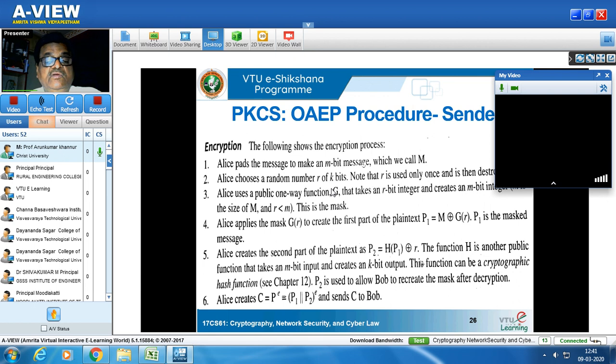P2 is used to allow Bob to recreate the mask after decryption. Bob is actually the receiver side.